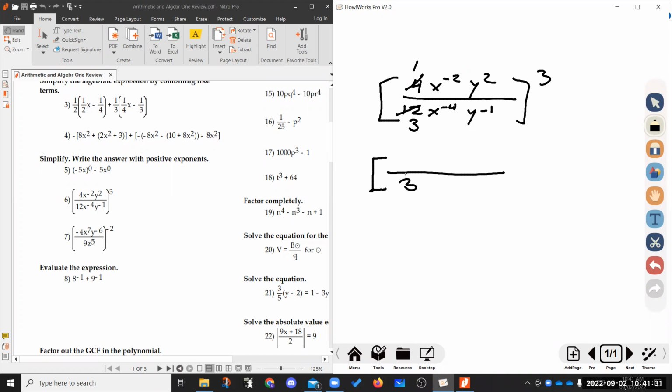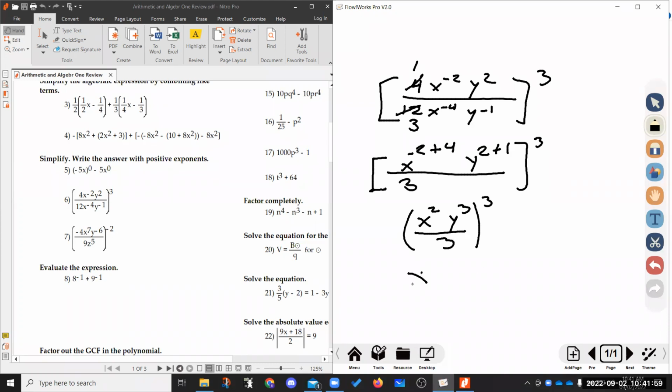I want to take this across so that this is negative 2 plus 4, and I want 2 plus 1, like this, raised to the third, so that I end up with positive exponents. So that's what my instructions say. X squared y to the third over 3. And all that's going to get raised to the third power.